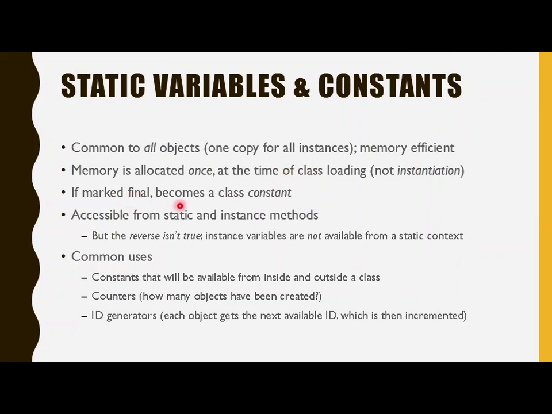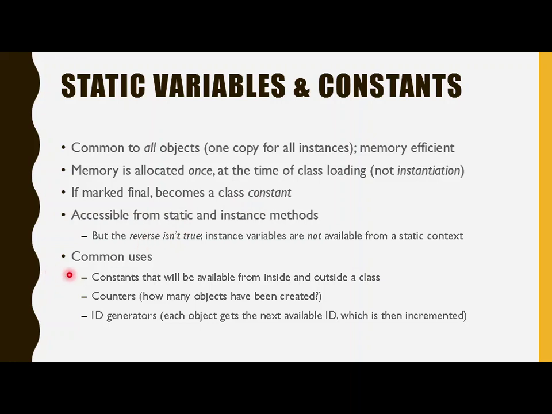And again, as we would expect, you can access static and instance methods. From static and instance methods, you can access static data. Of course, remember the reverse is not true based on our one-way mirror idea. So if you want to access your static variables and constants, great, access them from wherever you like.